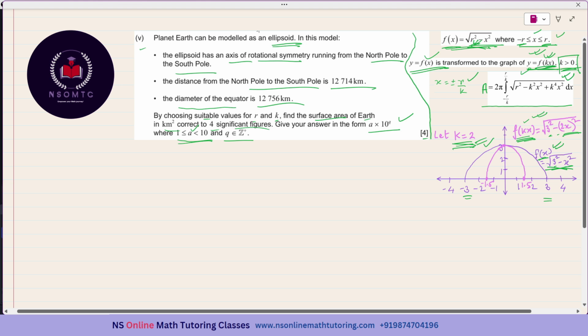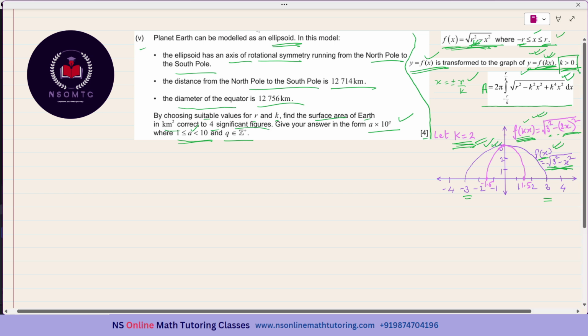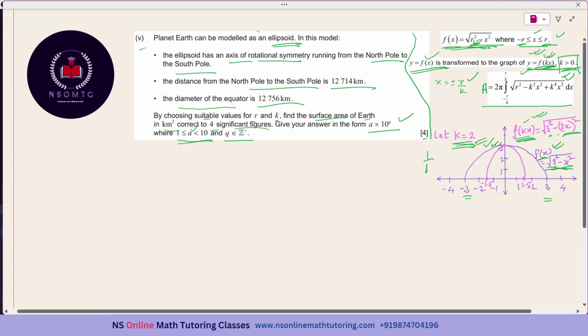It is a horizontal stretch. The stretch factor is 1 over k. That means the x-coordinate of every point on this semicircle will get multiplied by 1 over k. In this case, the k value is 2.